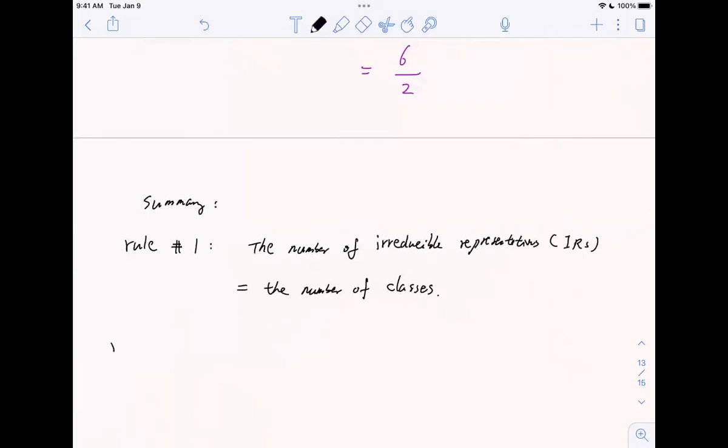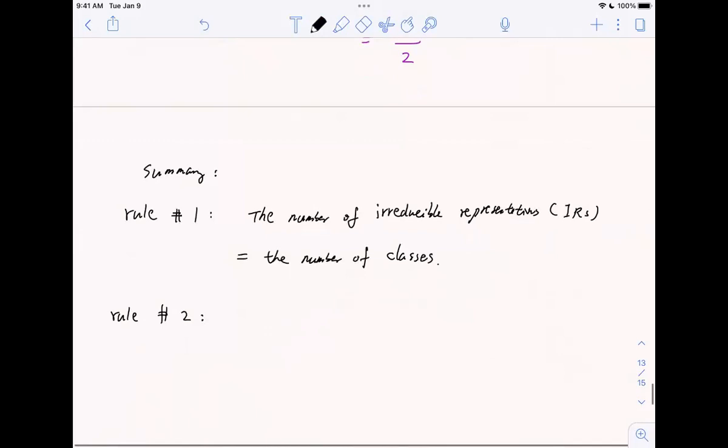Rule number 2: the dimensionality of all the irreducible representations squared, summed, equals the number of elements.